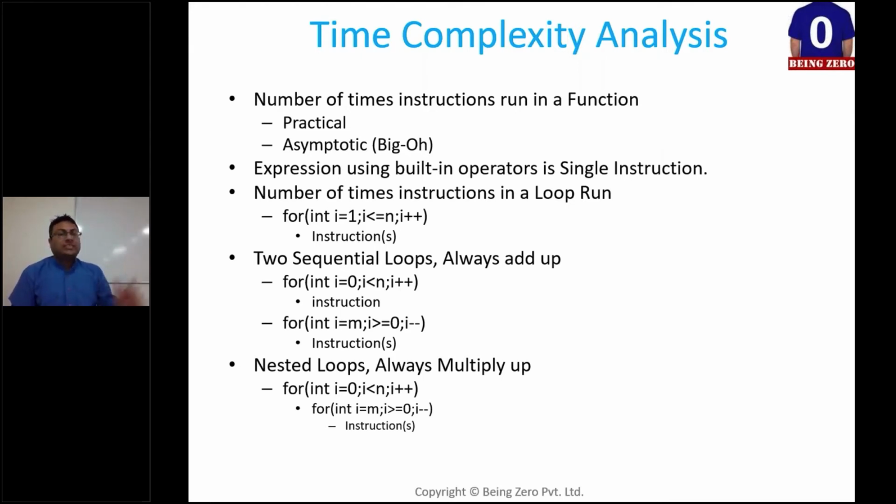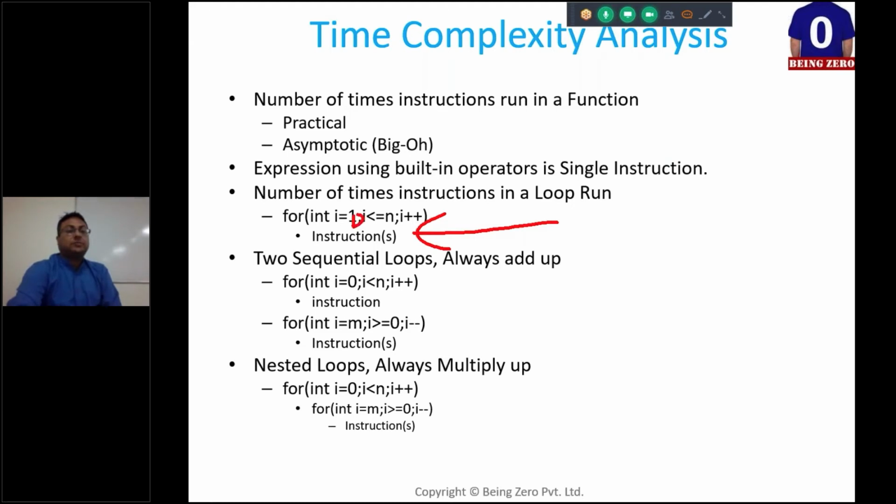We have a few examples written in front of us. If we want to do the time complexity analysis, imagine these loops are written inside a function, since we are analyzing the time complexity of a function. So how many times will this instruction run? n times. Clear? If we start i with 0, then it is n + 1 times.